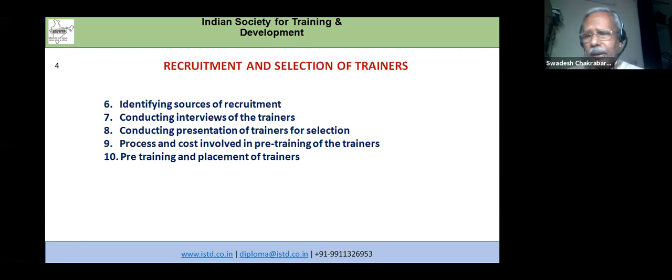It depends upon whether you need a person who is fresh from college or university, or we require some experienced people with certain kinds of skills. So according to that, the sources may be identified. It may be other organizations. And today we can outsource this to various organizations who will find suitable people for the organization. And when you do that, then the next point is conducting the interview of the trainer.